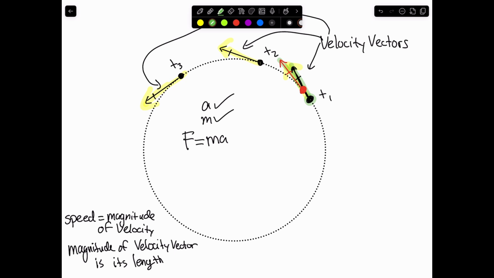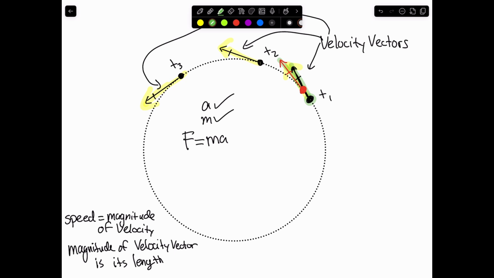Hopefully you can use some intuition to figure out why the velocity vectors are tangent to the circular path. The path itself is just what the object is following. And so, in order for the object to continue on the circular path, the direction of its velocity needs to follow the direction of the circular path.